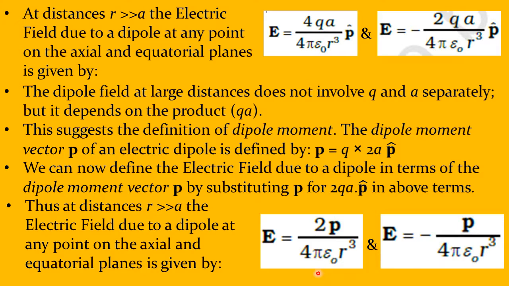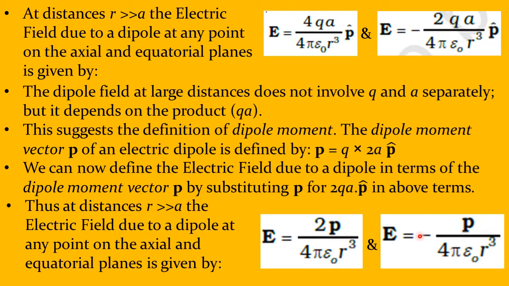Now I look at it this way. E is equal to 1 upon 4 pi epsilon naught, which is a constant, and in the numerator, I have 2 times the dipole moment vector divided by r cube. Here I have 1 upon 4 pi epsilon naught, which is a constant, multiplied by, in the numerator, the dipole moment vector, and in the denominator, r cube.